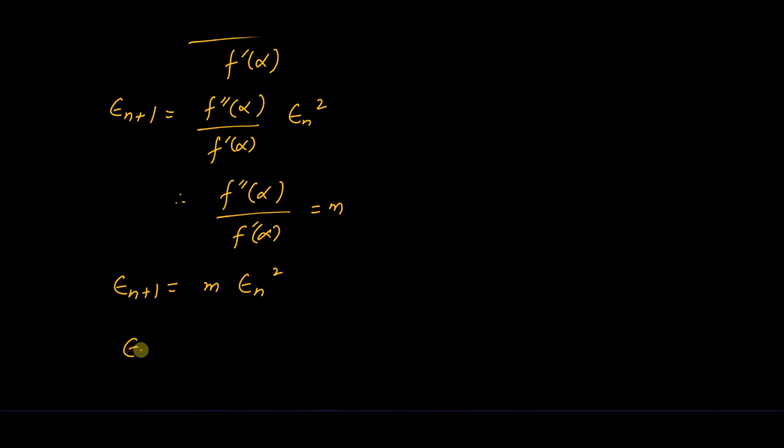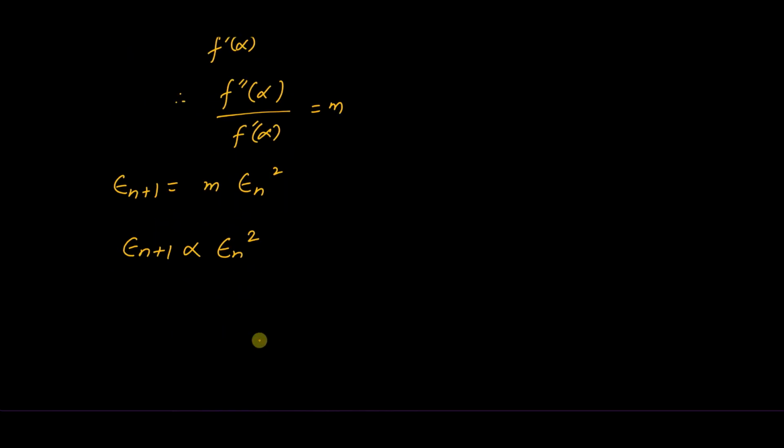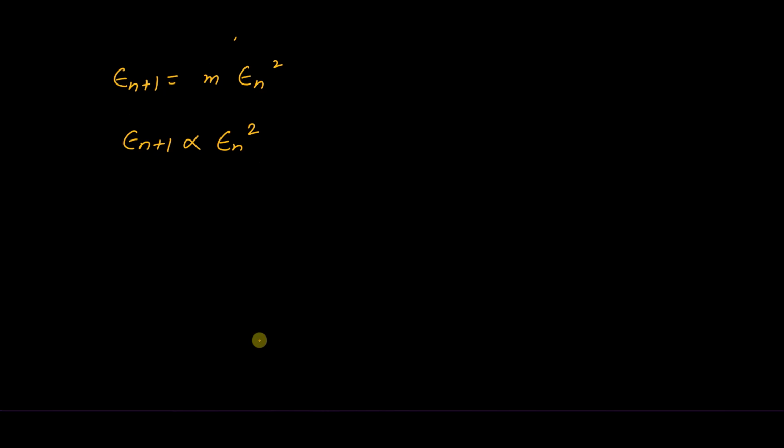When we include the proportionality sign, our m is removed, and it becomes epsilon n square. So this shows that each error is proportional to the square of the previous error. So we conclude that this method is a rapidly converging method in which the error reduces rapidly. So the rate of convergence is 2, or we simply say that it converges quadratically.